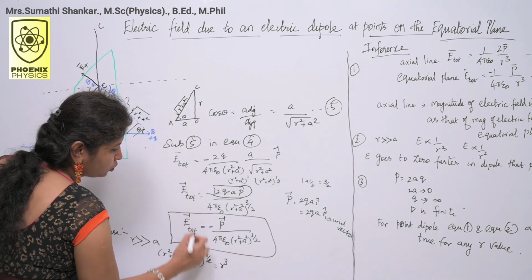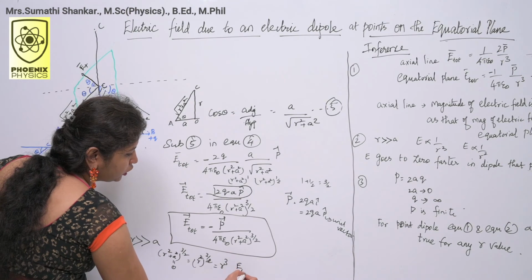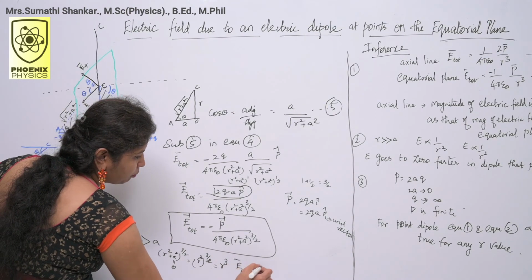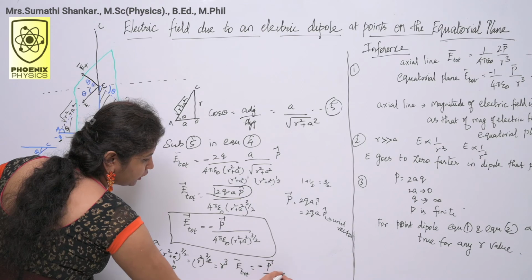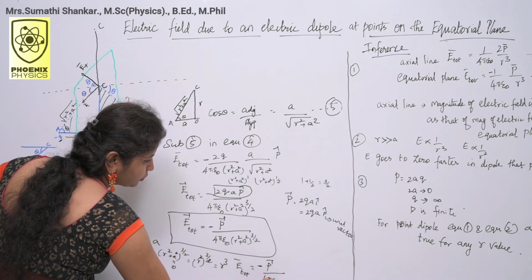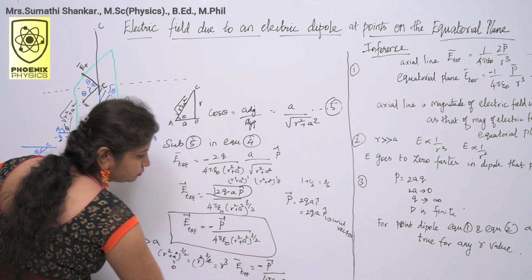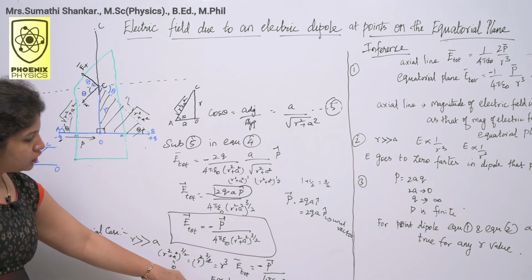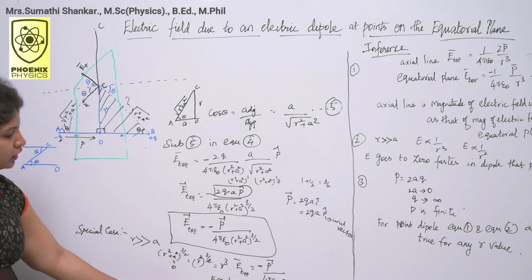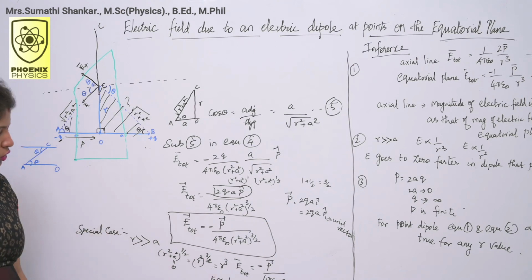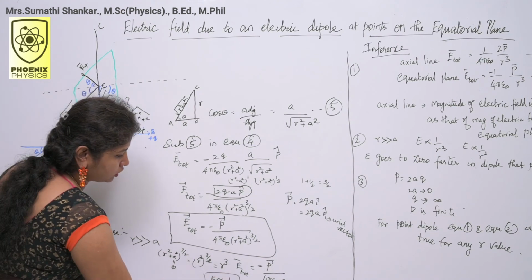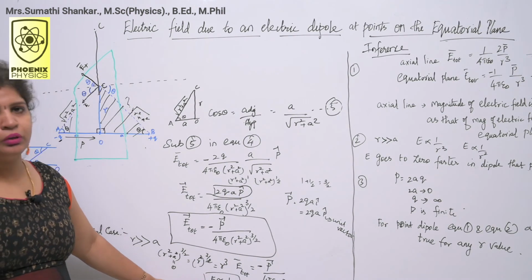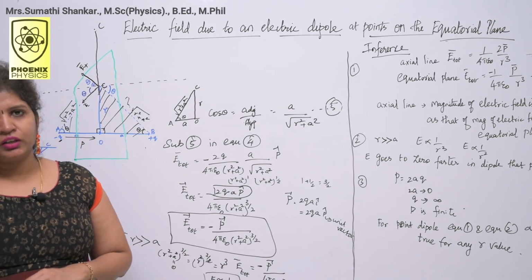Now you substitute in this formula, that is E total is equal to minus P divided by 4 pi epsilon naught R cube. E is proportional to 1 by R cube, or E is inversely proportional to R cube. This is our conclusion. Based on this formula, 3 important points are given.